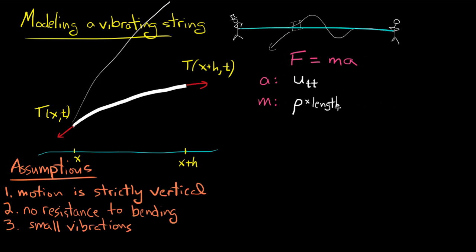And that would mean that the length would be very different from the horizontal distance from x to x plus h. A small vibration means that the total length would be something very close to the horizontal distance from x to x plus h. So the assumption that we have only a small vibration means that rho times the length, in other words, the mass of that segment of string, is approximately equal to rho h.